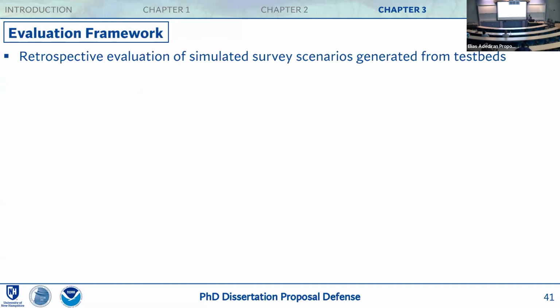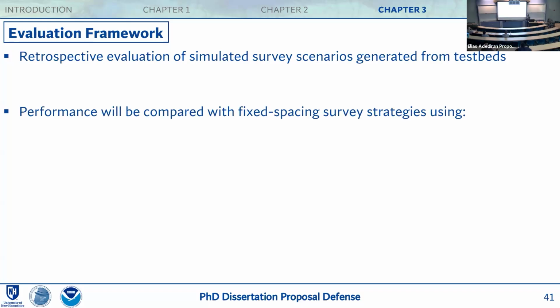And how are we going to evaluate this? First, it's going to be a form of retrospective evaluation using simulated survey scenarios generated from the testbed that I was showing earlier.